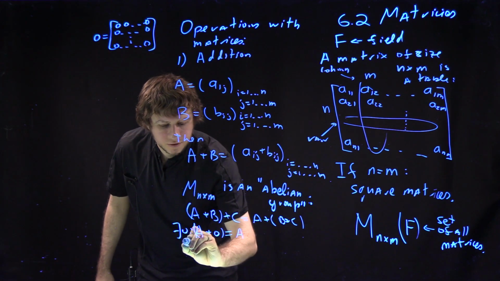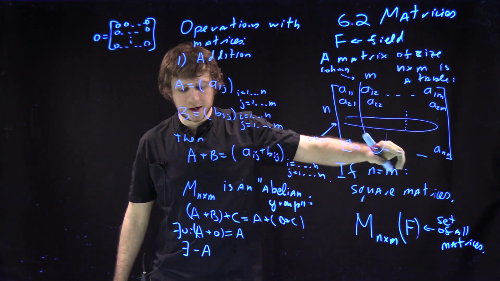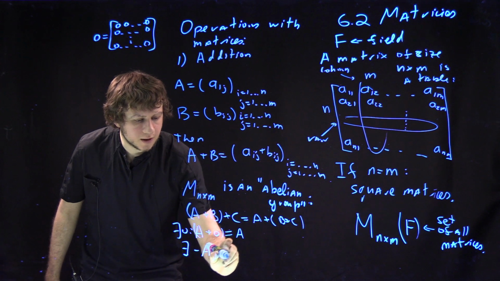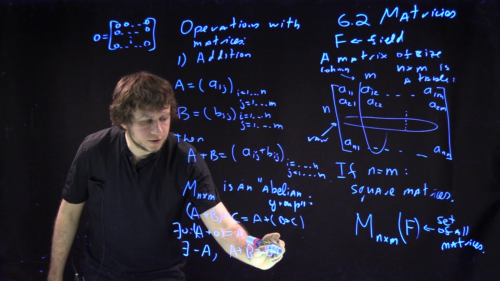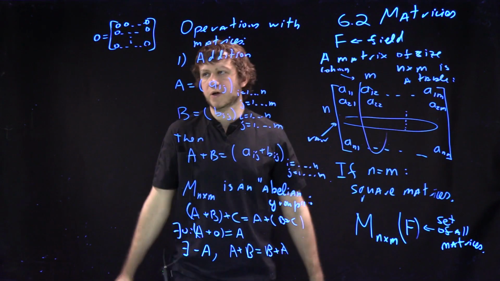And there exists a minus A matrix, where you just take minus signs everywhere. And also A plus B equals B plus A, so addition is commutative. That's what's called an abelian group. So there is this operation which is called addition. Wonderful.